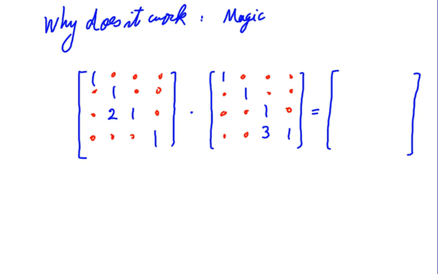Okay, help me out to multiply these things. Identity is not going to do anything here, so it's going to be 1, 0, 0, 0. This is a row of identity. You multiply, it just copies through.